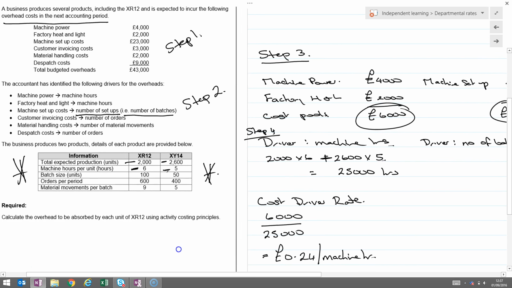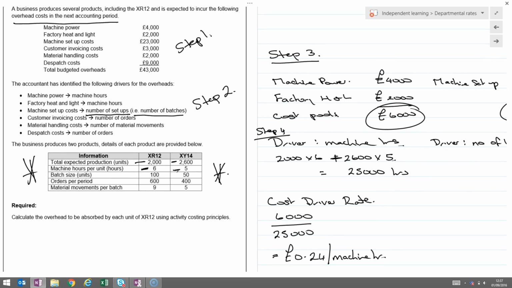So if we look back in our table, we haven't got the number of batches or number of setups. The only bit of information we have is the batch size. So we know that each batch is produced in a size of 100 for the XR12 and 50 for the XY14. So we can use that to work out the number of batches.